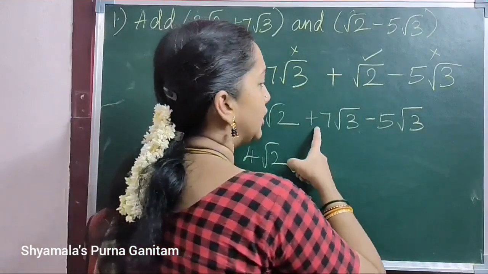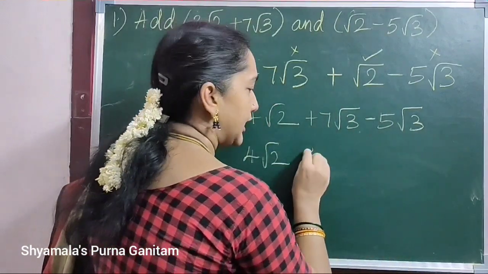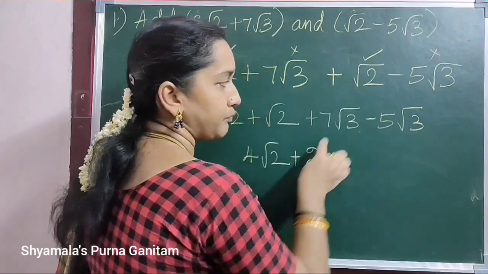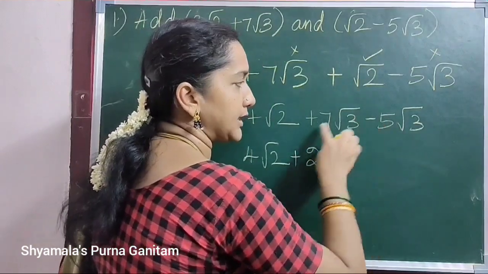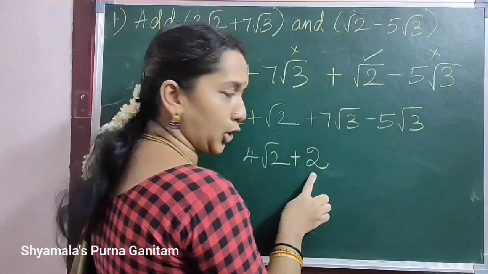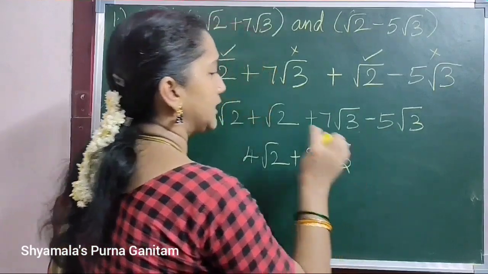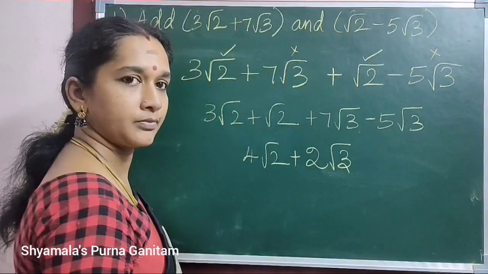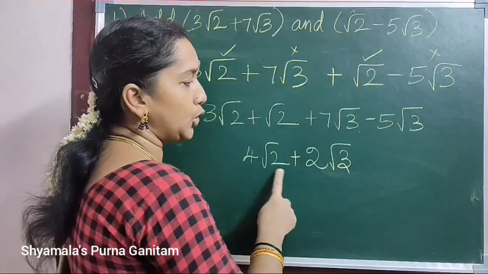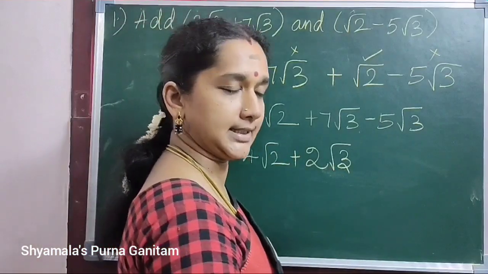In integers how will you do? Plus 7 minus 5, bigger number sign is plus. So when you subtract it, you will get 2. So 2 root 3. Clear? 4 root 2 plus 2 root 3 is the answer.